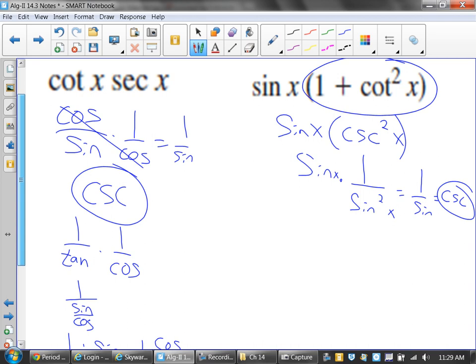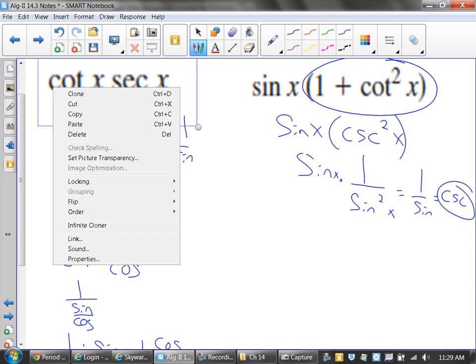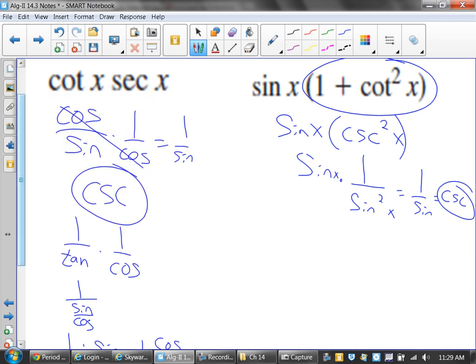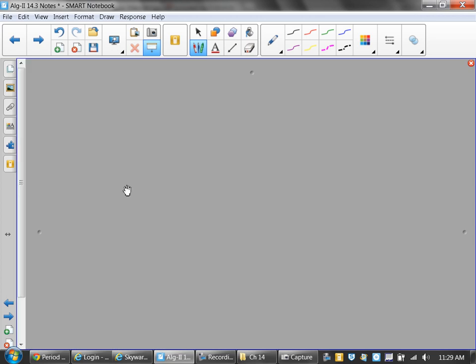Same idea with these. My suggestion is whenever you have a tangent or a cotangent, rewrite it in terms of sine and cosine, as long as it's not a squared one. There are many of these we're going to do, and it's going to let you do the following.